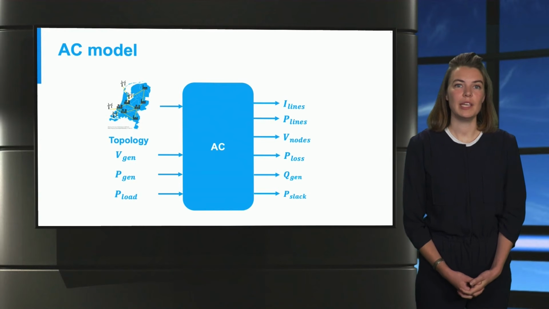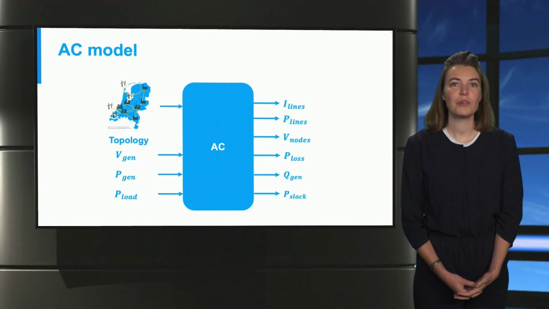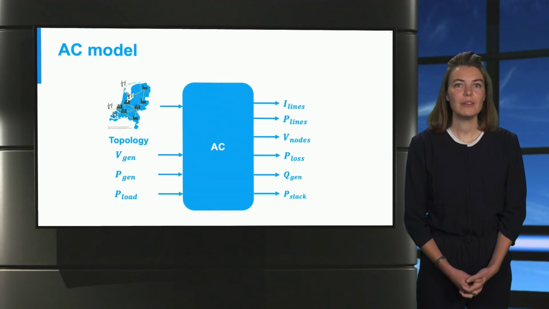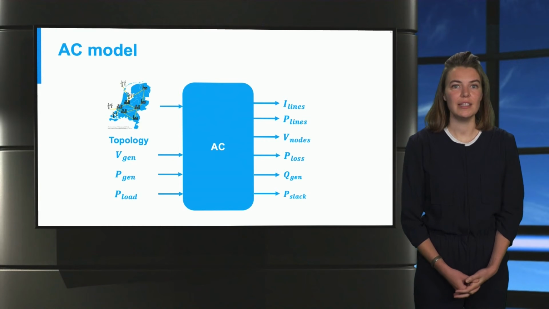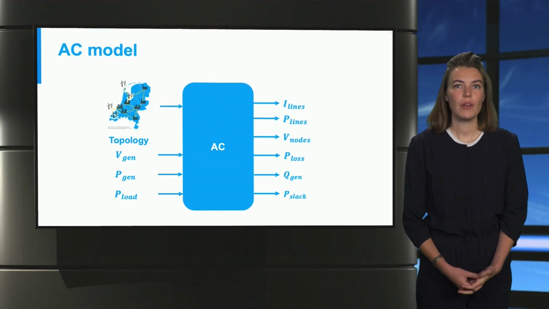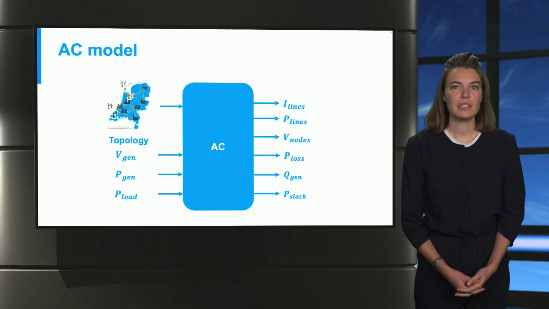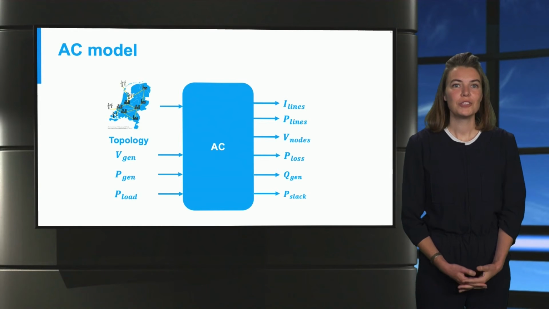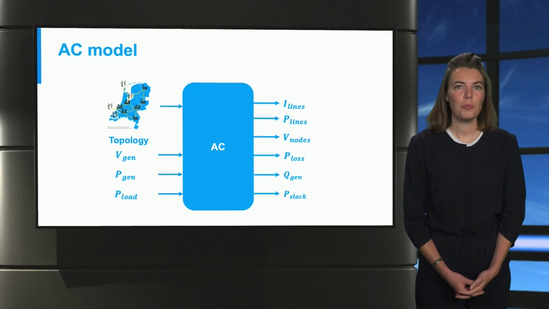On the left, we see the inputs, which are the topology, the generator power, and voltages and the demand. The output of this AC model is the current and power flow in the lines, the voltage at the nodes, the power losses in the system, the generator reactive power set points, and the power output at the slack bus. So, this model is complicated but comprehensive.